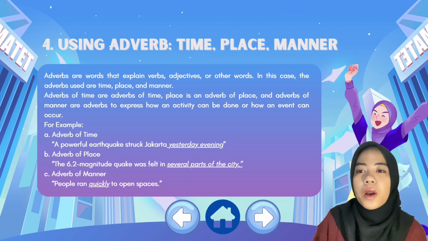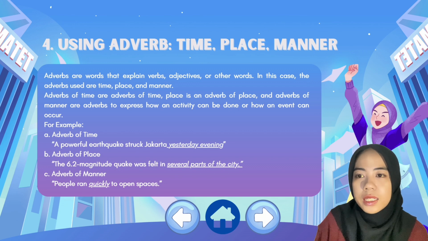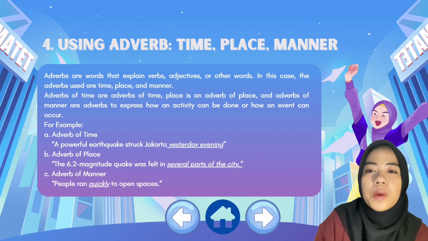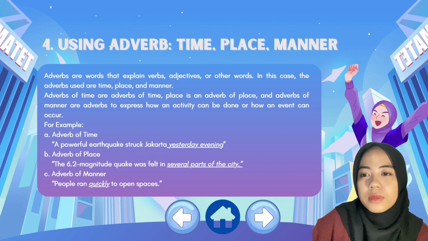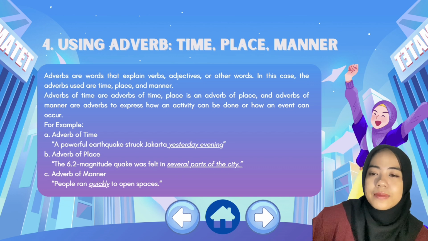So the adverb of time is yesterday morning. And the second, adverb of place: the 6.2 magnitude quake was felt in several parts of the city. So the adverb of place is several parts of the city.